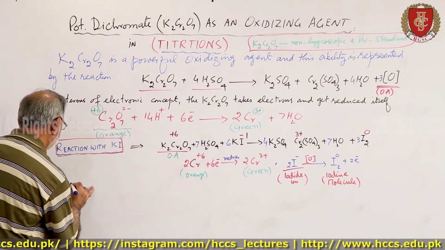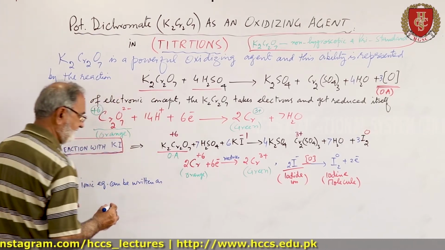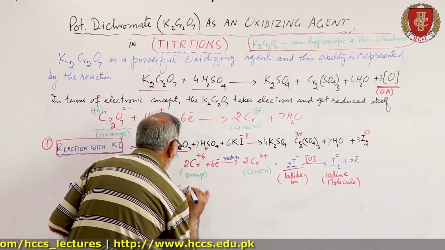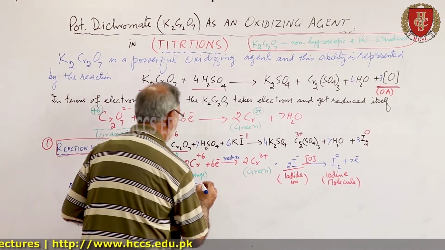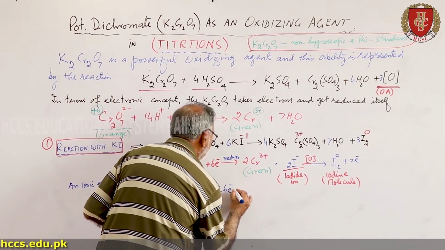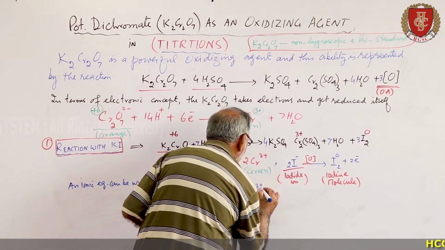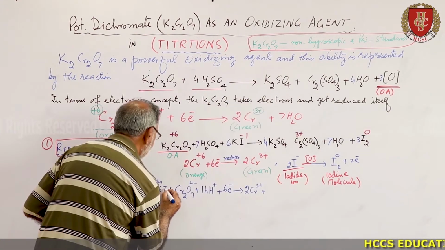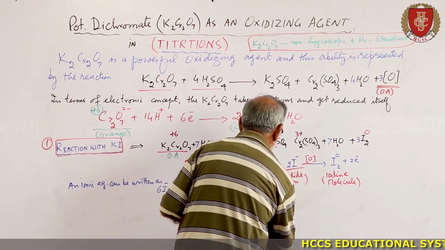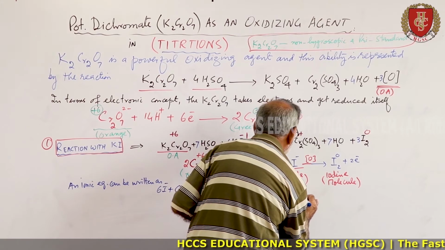An ionic equation can be written as Cr2O7 2 minus plus 14H positive plus 6 electrons gives 2Cr3 plus plus 6I negative plus 3I2.